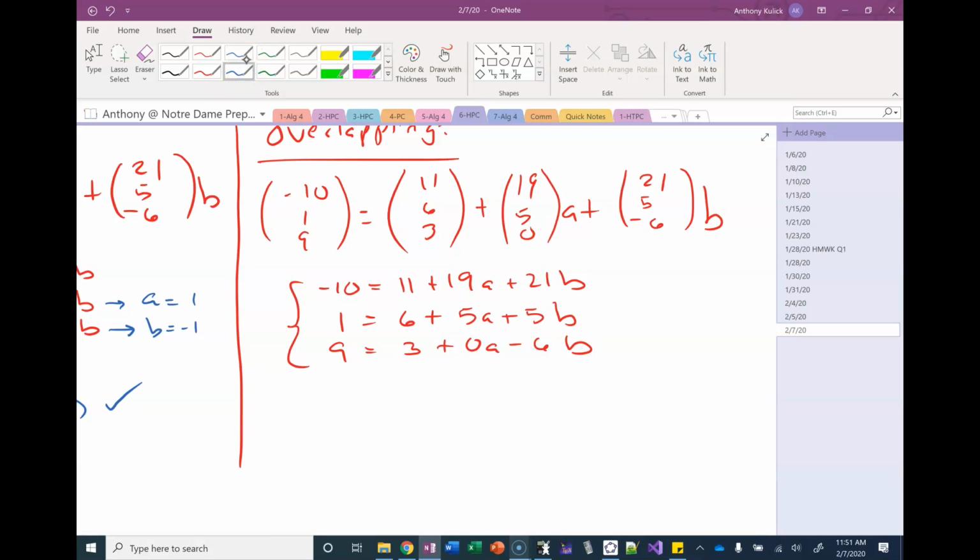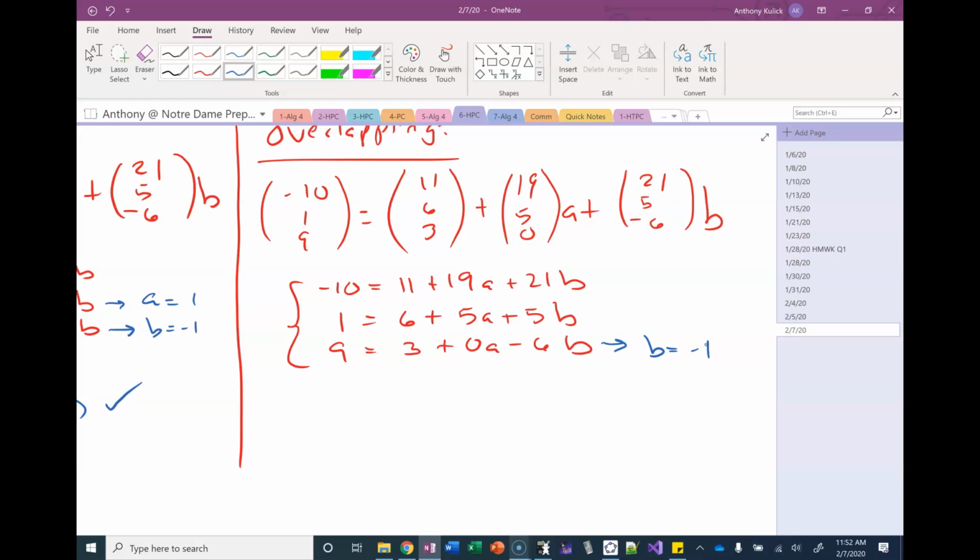And again, to solve this system, I could pick two equations, turn them into a matrix, and use the RREF on the matrix. But if I look here, the same thing is happening as in the previous system. Equation 3 just has one variable in it, so I can solve that for b by hand quite quickly.